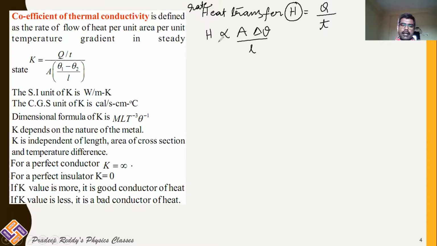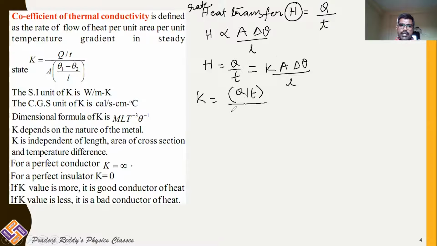And here H is equal to Q divided by T, which is equal to K A delta theta divided by L. Now from here I can write K is equal to Q divided by T into L divided by A delta theta. So A delta theta by L, in the denominator I am writing it as it is.